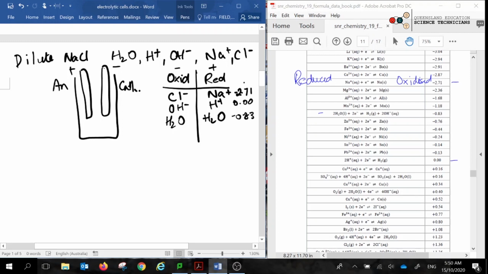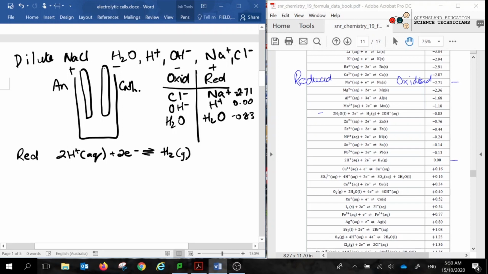For reduction, we're looking for the most positive, the least negative, so we're looking at that hydrogen. So for our reduction, we're going to have this equation here, 2H plus, in this case aqueous, plus 2 electrons to make my hydrogen gas.